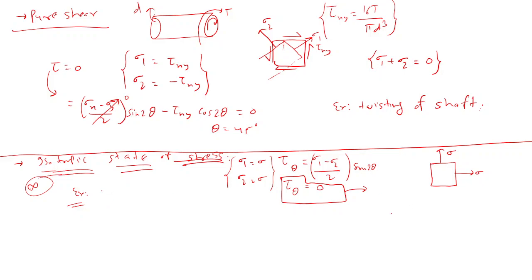If you take the thin sphere, which we will study later, applied with internal pressure, this will give tensile stress to its body. So the magnitude of that we'll see later. So here the example is the thin sphere with internal pressure.